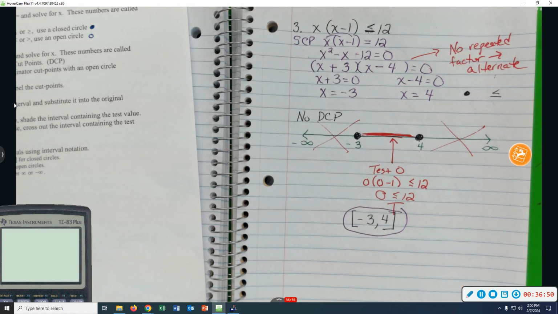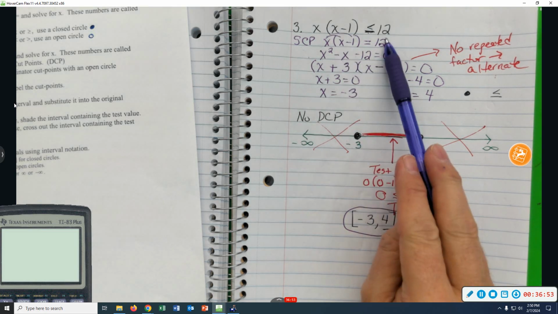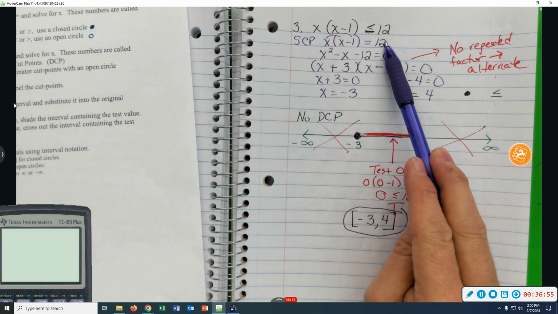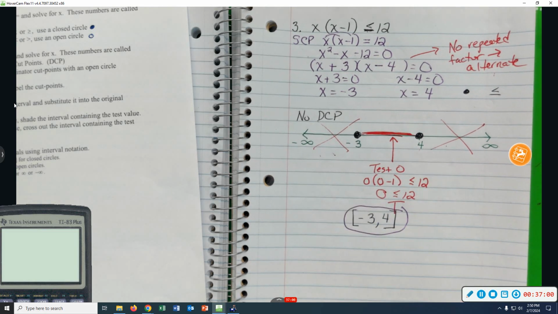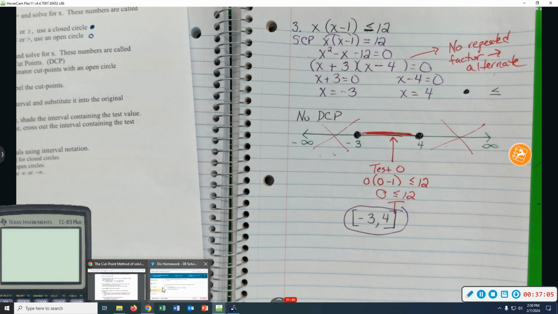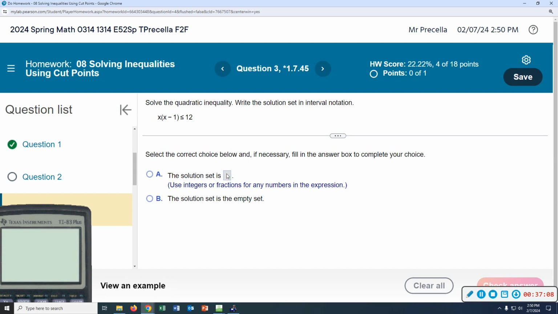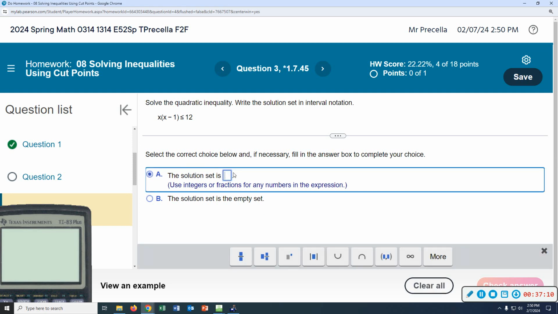What we did was we found where the left statement equals 12. Everywhere else, it's either going to be less than 12 or bigger than 12. Okay, so let me type that in. For the square bracket, I'm just using the bracket off of the keyboard. Right there: bracket, negative 3, 4, bracket.